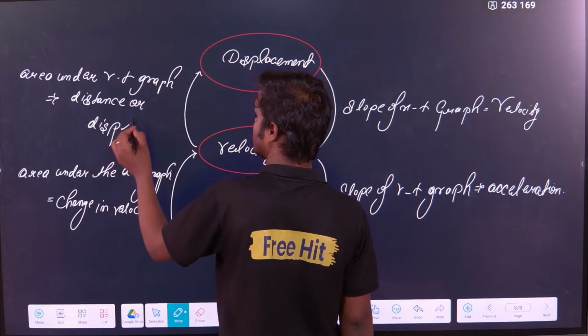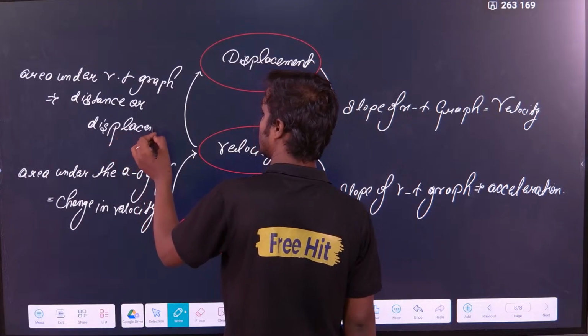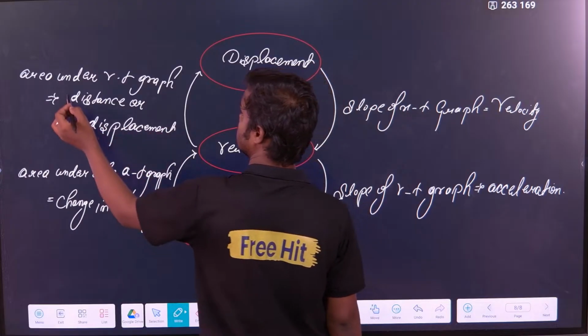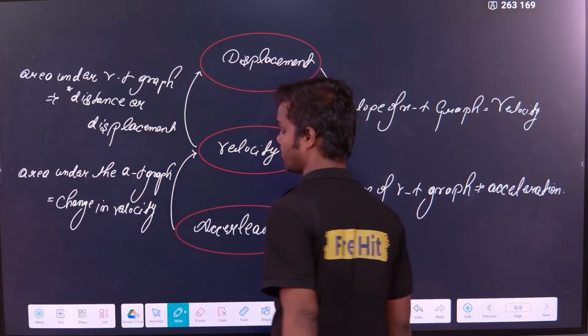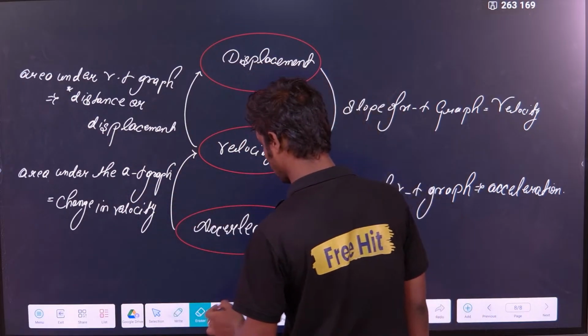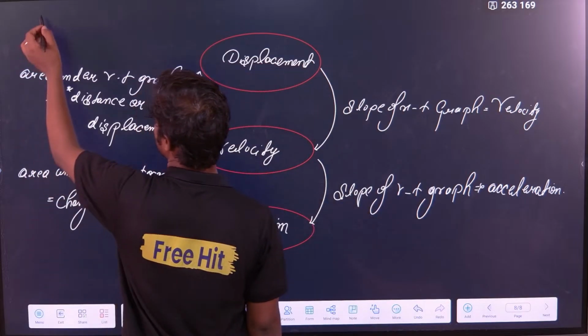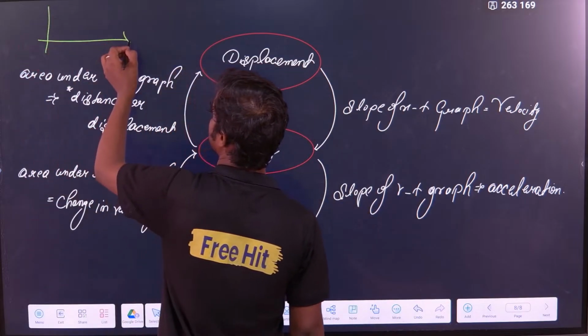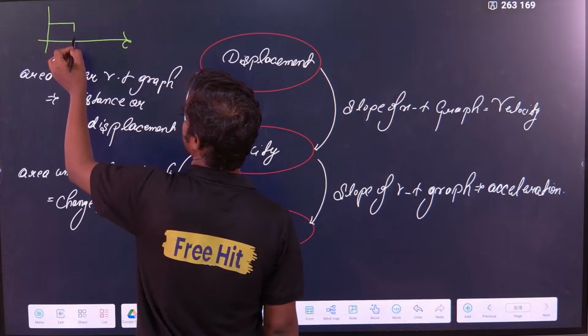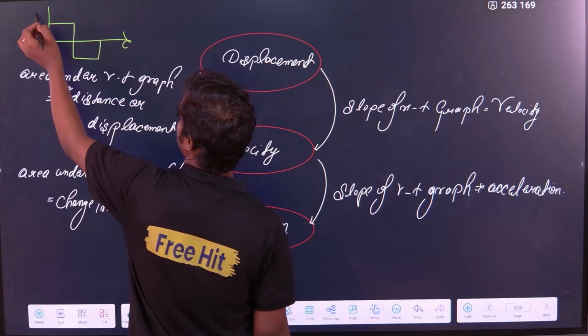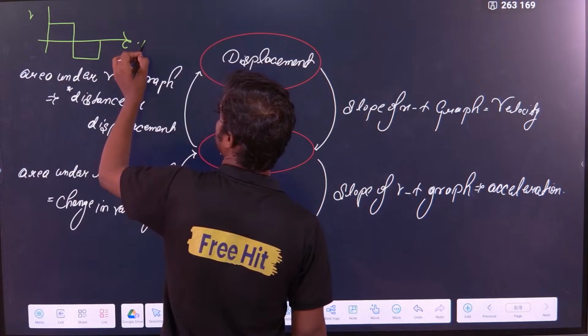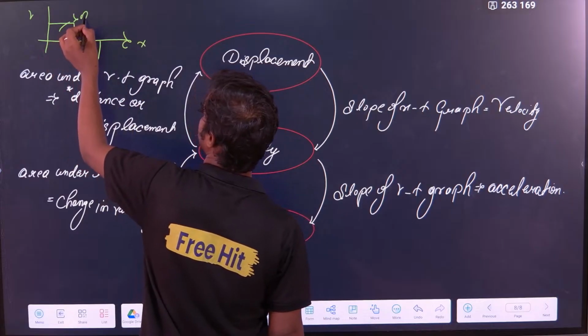How, sir? This is the doubt. Let us see how. Suppose I have a graph like this, something like this. This is my velocity, this is my time. So this area will be positive, a1.